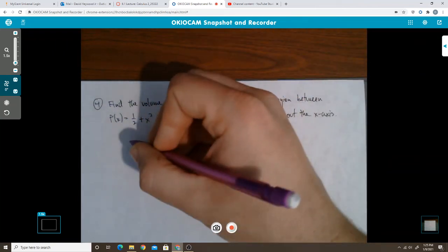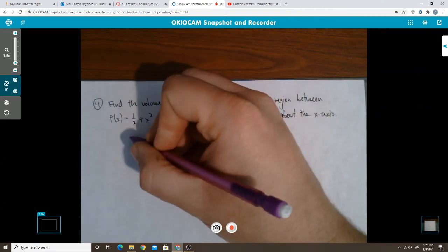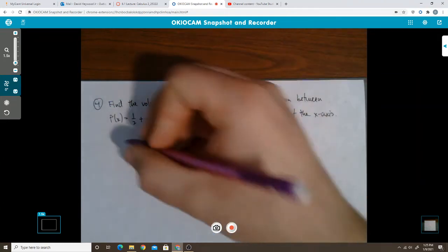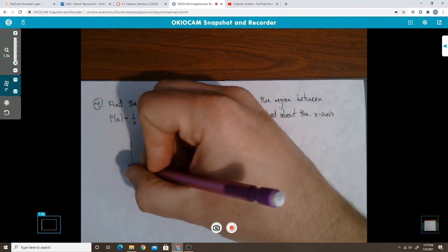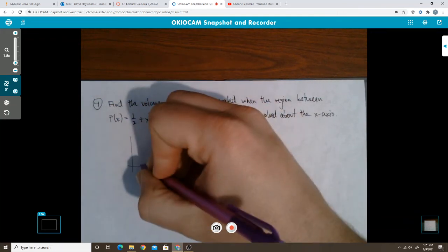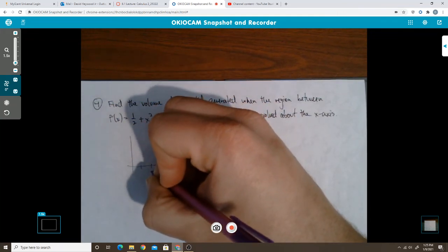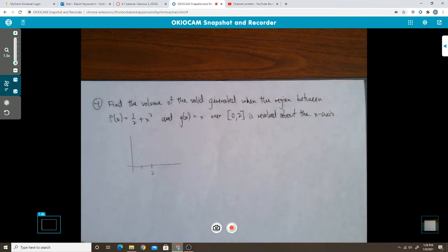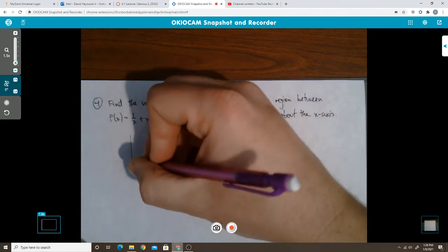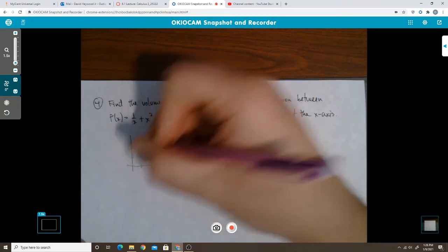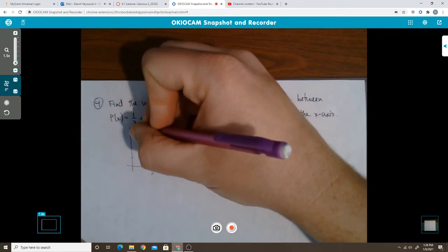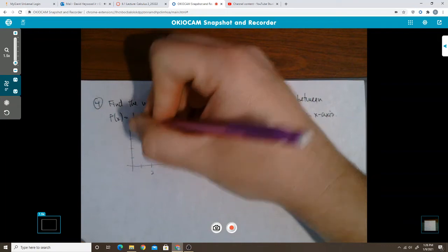I did. Well, let's see. So we're integrating from 0 to 2. I'm not sure that I needed an x-axis quite that large, but anyway, 1, 2, 3, 4.